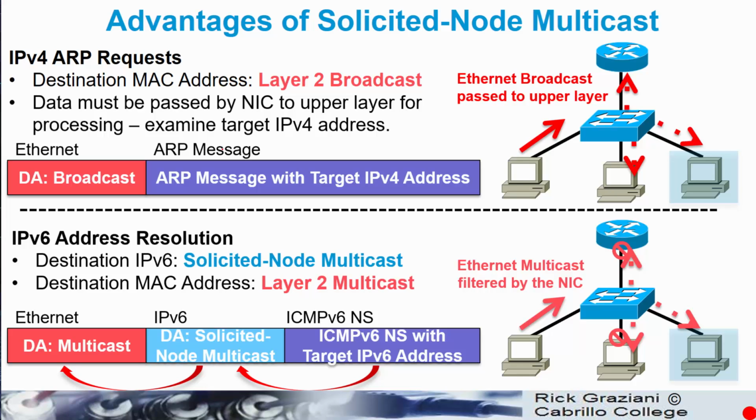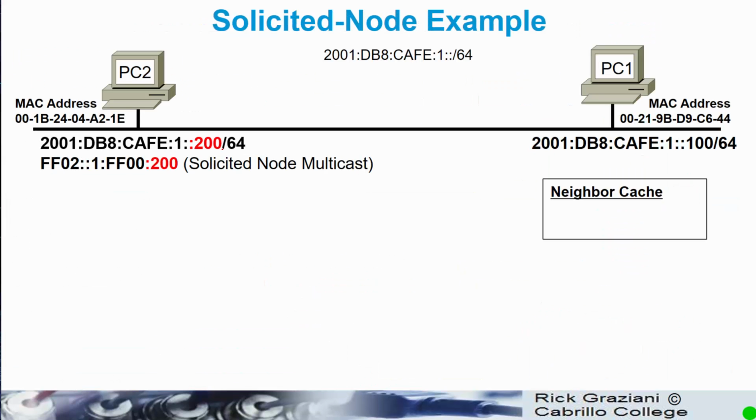That way we don't have to send it out to additional ports. We can send it just to the appropriate neighbor that we want without having to worry about sending it to an upper layer for deeper protocol inspection.